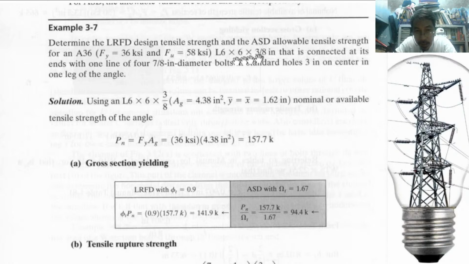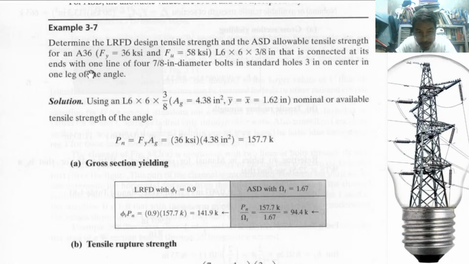That is how we decode the name of the angular bar. If we are using S section, W section, T section, they are using a different name coding system. So, leg by leg by thickness.